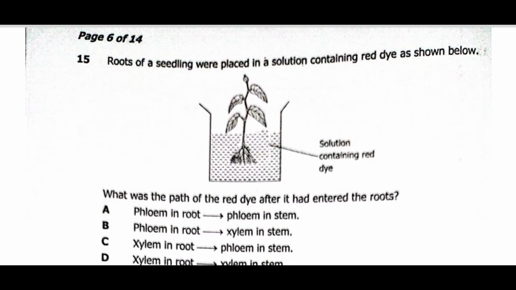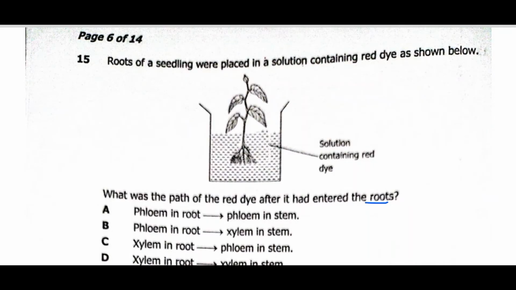15. Roots of a seedling were placed in a solution containing red dye as shown below. What was the path of the red dye after it had entered the roots? So since red dye is a liquid, after osmosis, the red dye must enter into the xylem.